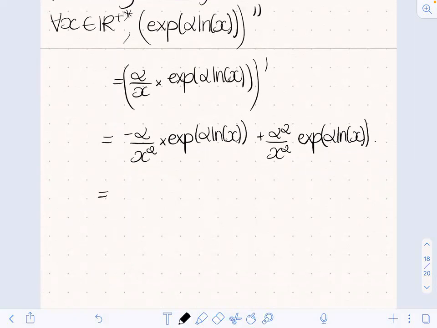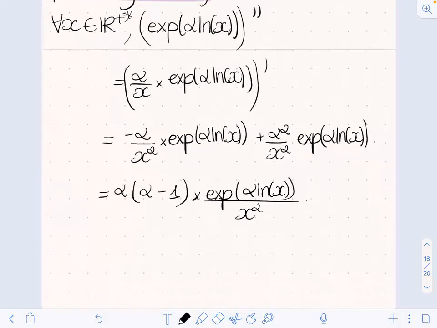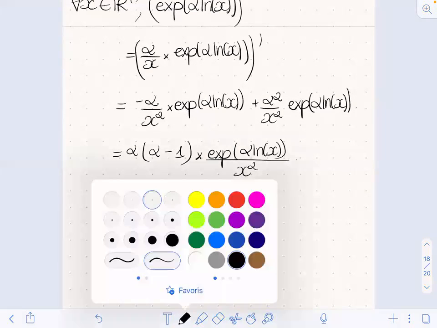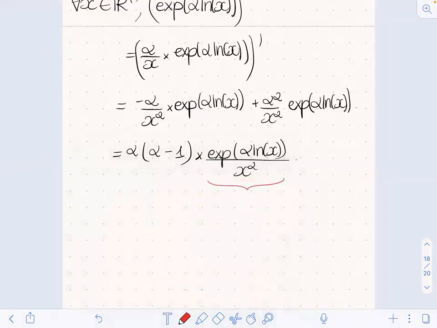And so we can factorize this a bit. So we've got a factor of alpha, alpha minus 1, times exponential alpha logarithm of x, divided by x squared. Okay, so this is the second derivative. And what we can see here is that on the right hand side, we have a term that's positive.